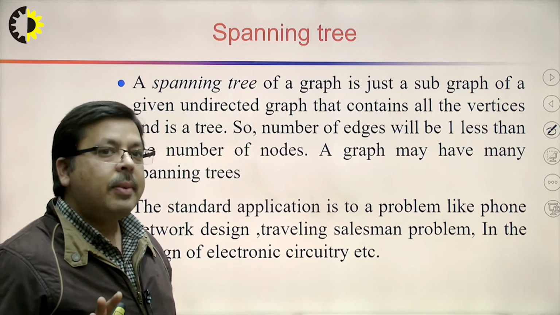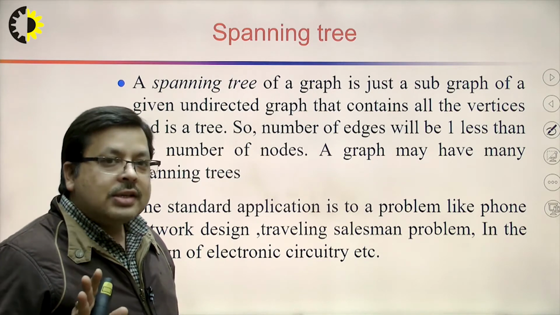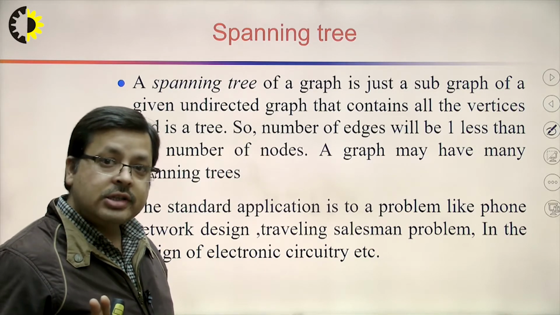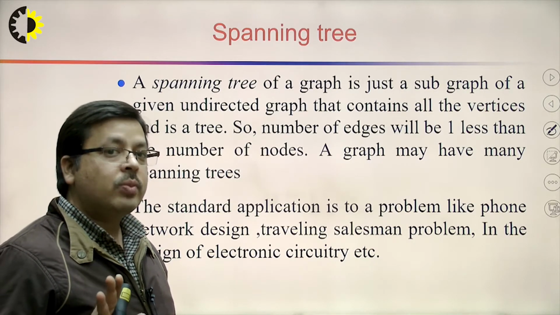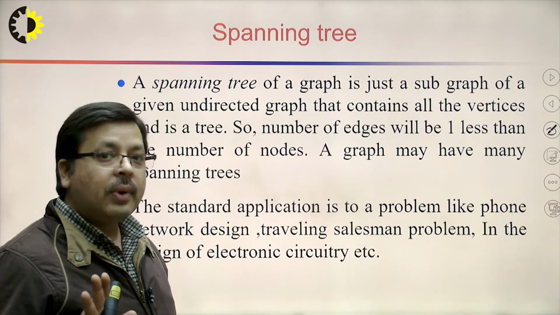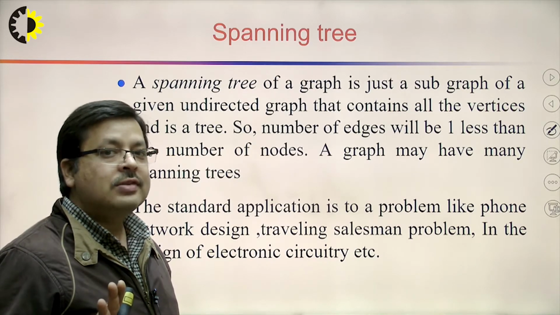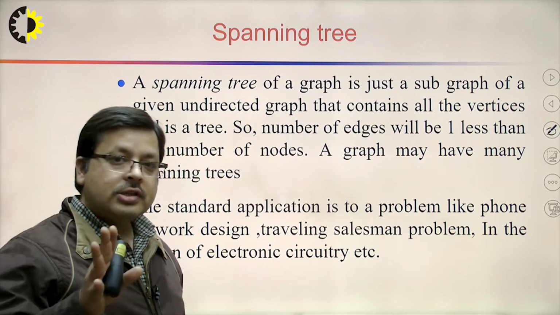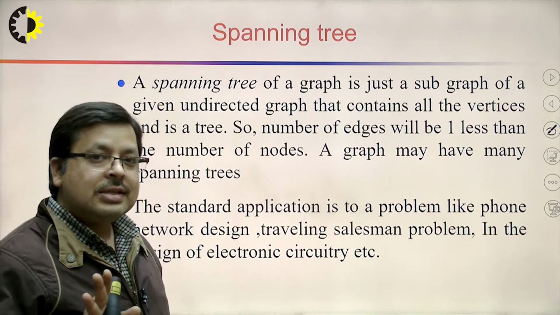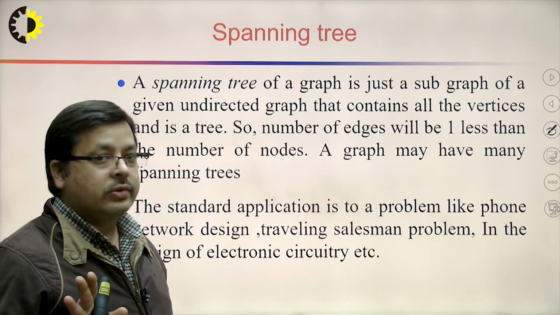Suppose we have a graph with n vertices, then after extracting the subgraph there should be n vertices and the number of edges must be n minus 1. That means the subgraph must be a tree. So this is known as a spanning tree when all the vertices are connected and the number of edges is n minus 1, right.